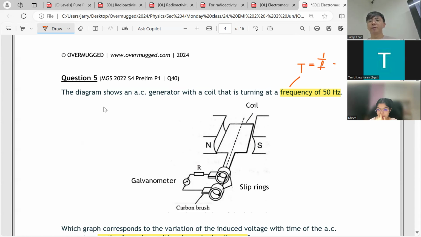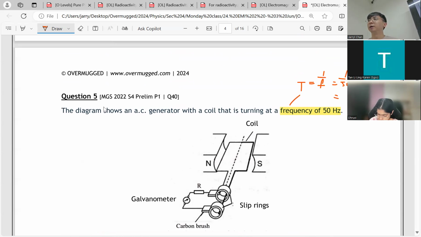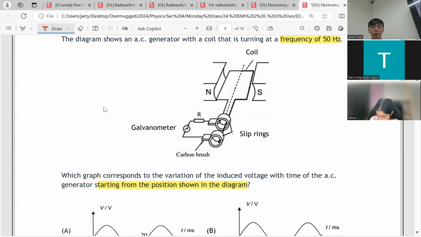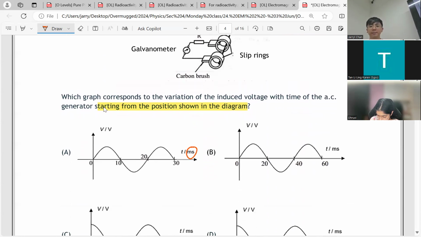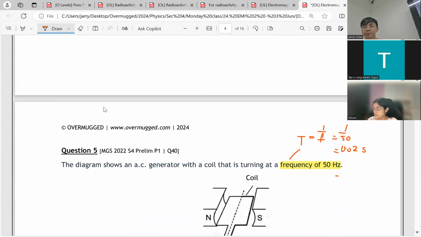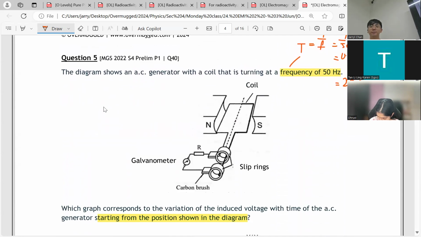T equals 1 over f. 1 over 50 is 0.02 seconds. But I look at the graph, and it's in milliseconds. How can I convert this? Times 10 to the power of 3, I should get 20 milliseconds. So the period is 20 milliseconds.